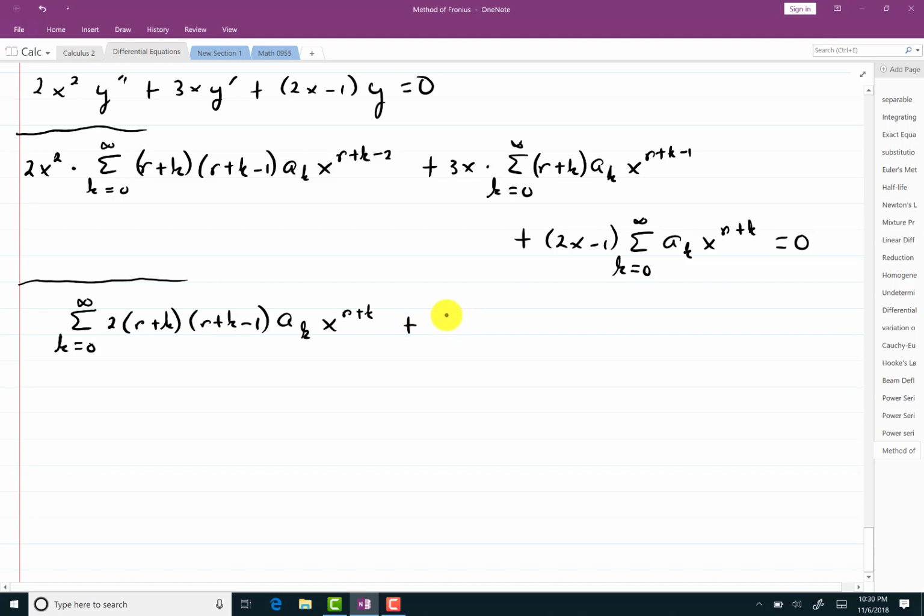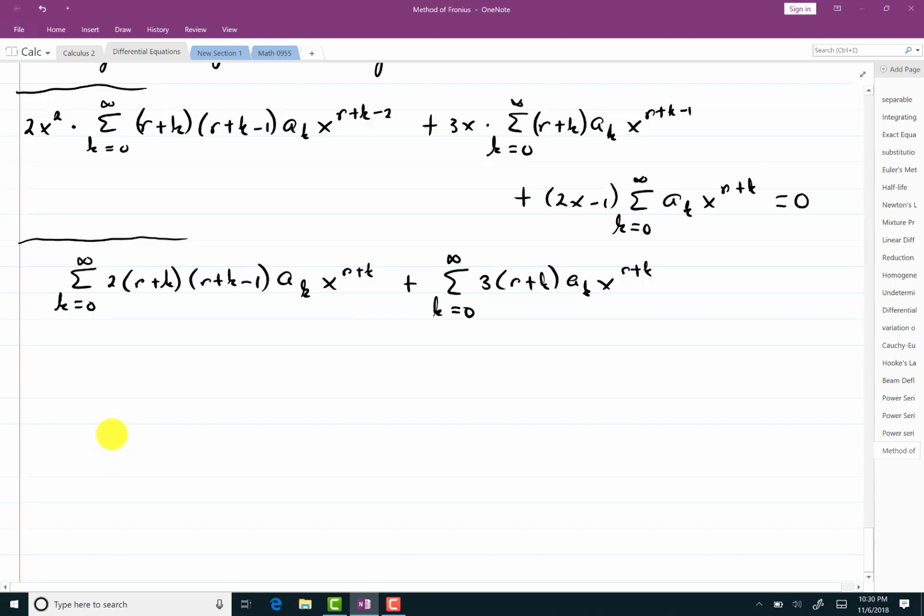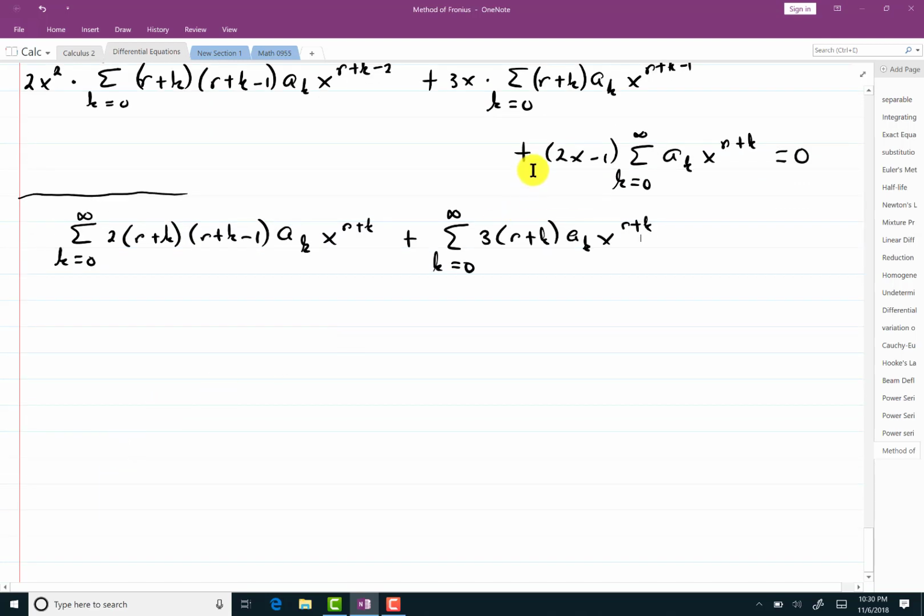On the second series, I'll bring the 3 in. I'll have an r plus k, a sub k, x to the r plus k. And this time the minus 1 will disappear because of the x, so this is turning out not to be so bad. I'm going to break this 2x minus 1 into two pieces.